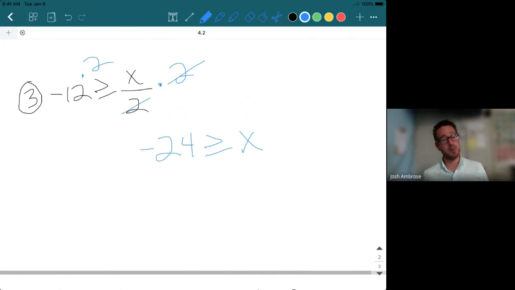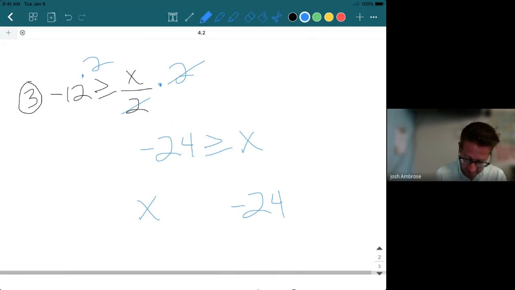Now, I'm hoping some of you remember from that last video. What did I say in the last video? The order needs to go variable, inequality sign, then number. But you'll notice that's not what we're looking at here. It's backwards. So really, I need it to go x, and I need that -24 to be at the end. Now pay close attention.